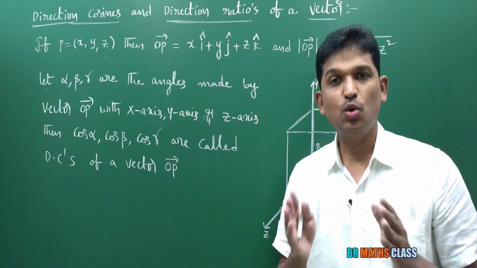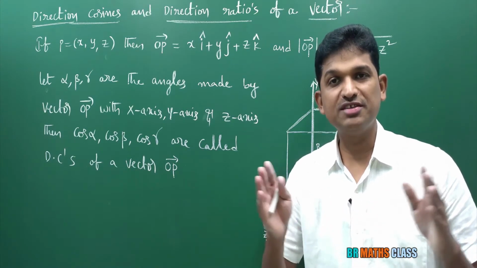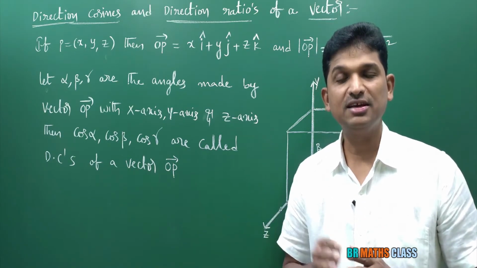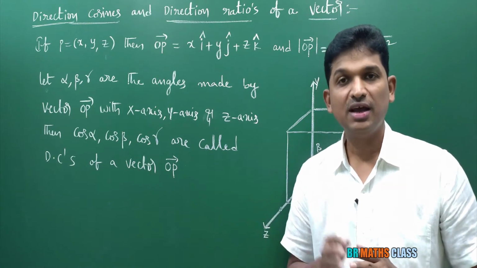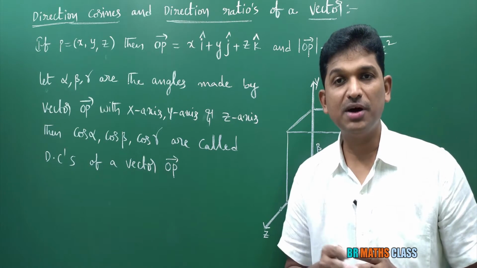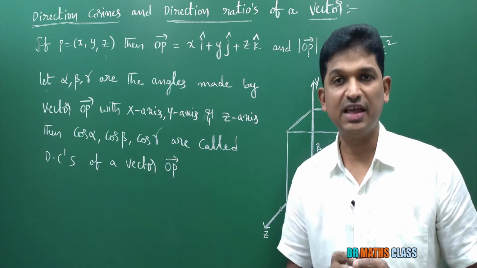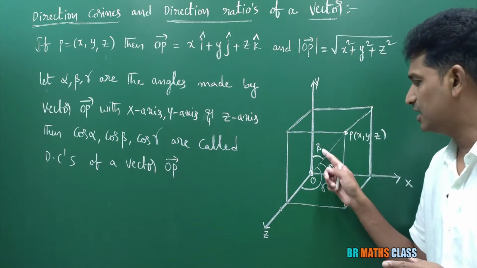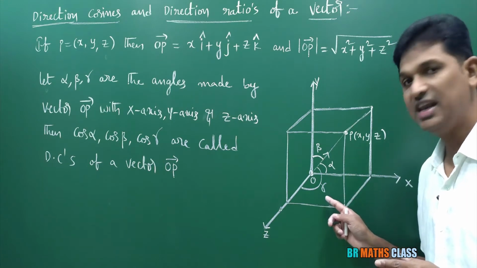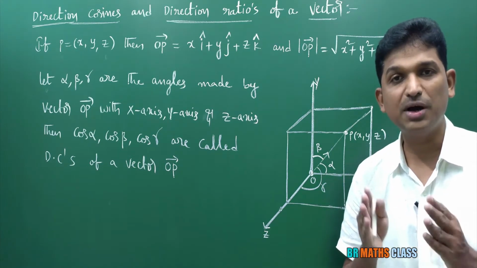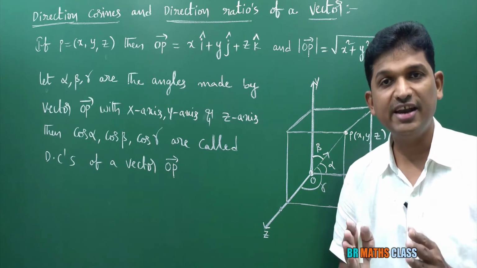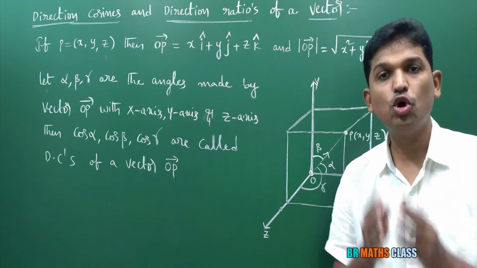I'll quickly recall the definition of direction cosines of a vector OP bar. Let P(x, y, z) be a point in space. Let the vector OP bar make an angle alpha with the x-axis, beta with the y-axis, and gamma with the z-axis. Then cos alpha, cos beta, cos gamma are called direction cosines of the vector OP bar.